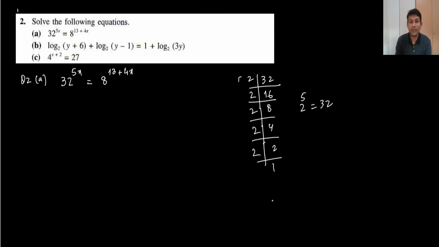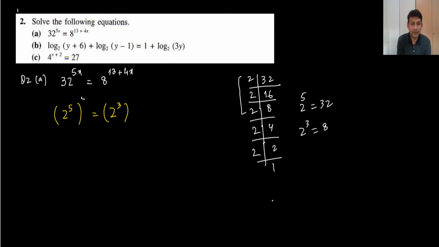And here you can see 2 power 3 is equal to 8. So I can write here 2 power 5 in the place of 32, in the bracket, and I can write this 2 power 3 in the bracket. You can only compare the powers when the bases are the same.